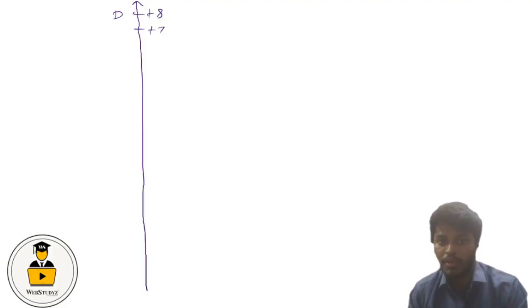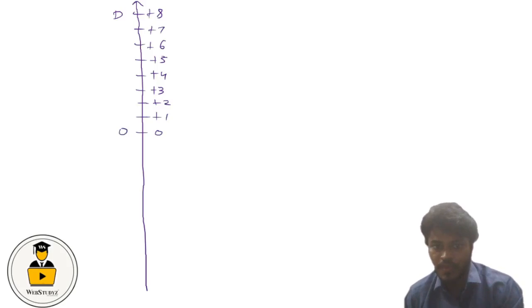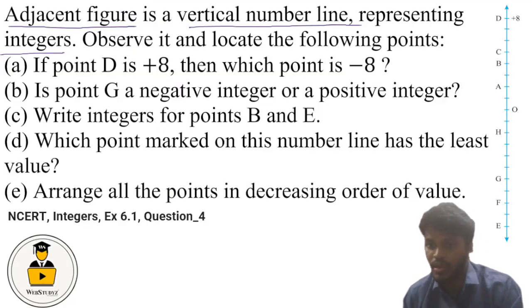So this will be plus 7, plus 6, plus 5, plus 4, plus 3, plus 2, plus 1, and 0, which represents point O. Similarly, it will be minus 1, minus 2, minus 3, minus 4, minus 5, minus 6, minus 7, minus 8, and if we count the numbers in the downward direction, it is 1, 2, 3, 4, 5, 6, 7, 8, 9, 10.